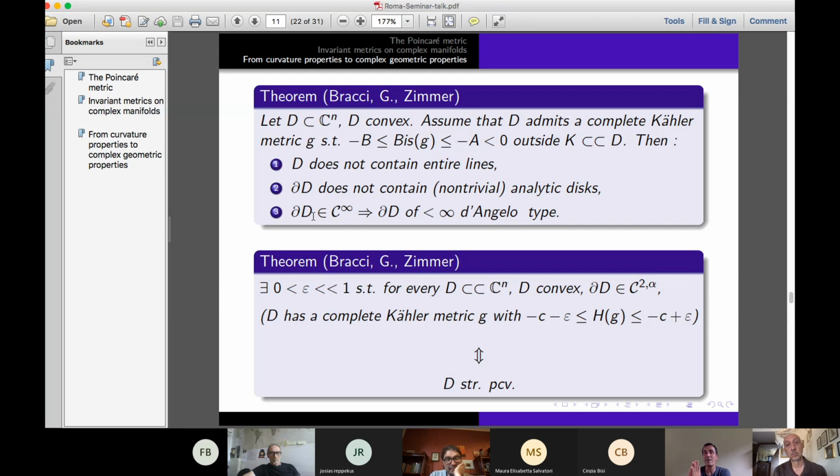It doesn't say anything about the regularity either. You can imagine that it's not smooth at some points, right? Right. But the third one, we want the domain to be globally of finite D'Angelo type. And with the definition we consider, that's why we assume the boundary is globally of class infinity, because we don't know what the type can be.